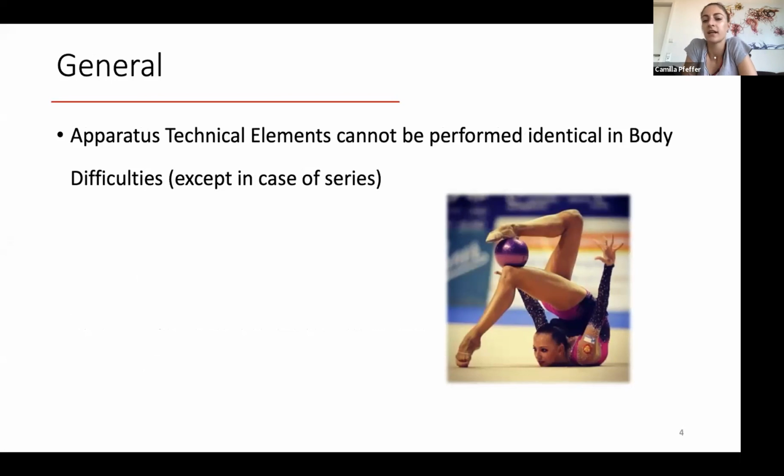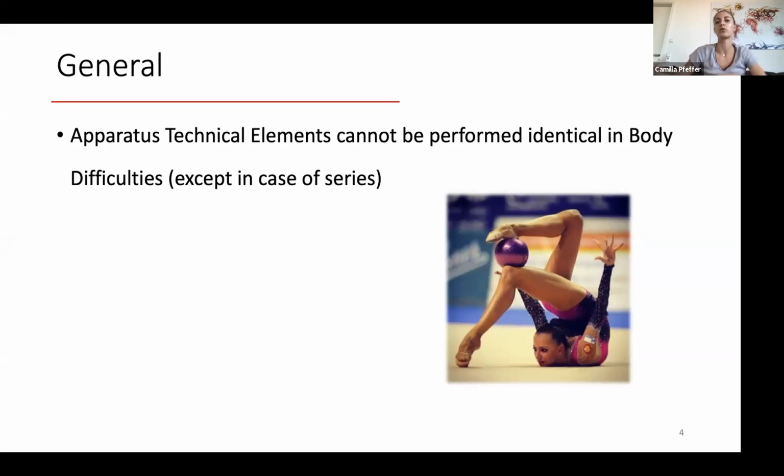Every apparatus technical element can only be performed once identically during a difficulty. So, for example, if I'm doing a roll in a balance, if I want to do another element with the roll, I have to change something. I cannot do it completely identically. So, do you have any ideas what I need to change?